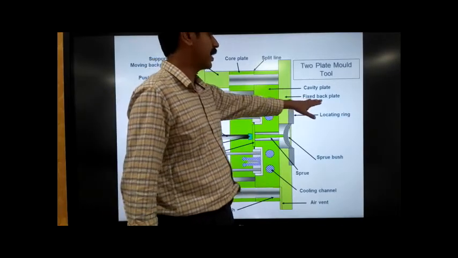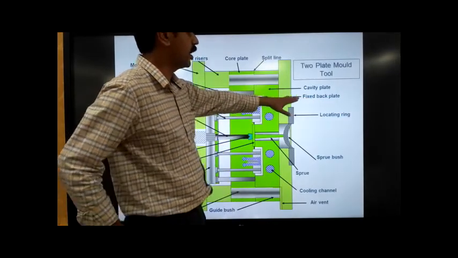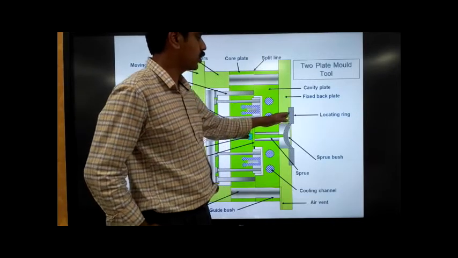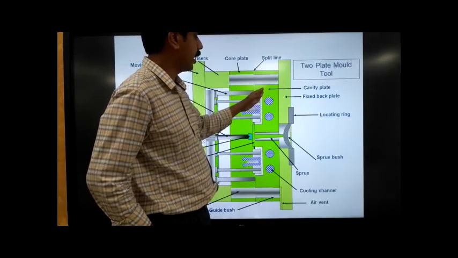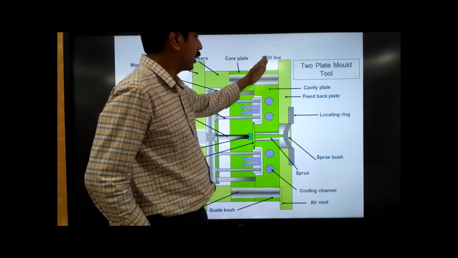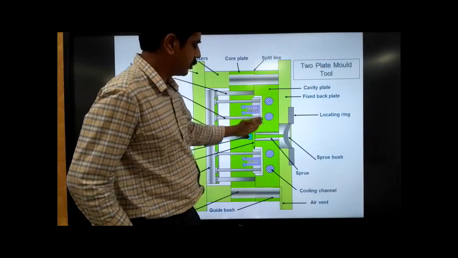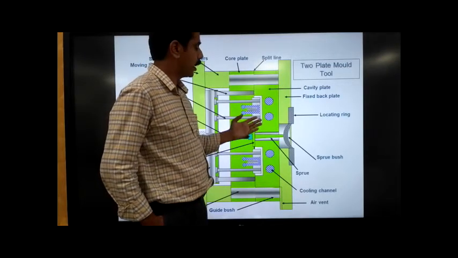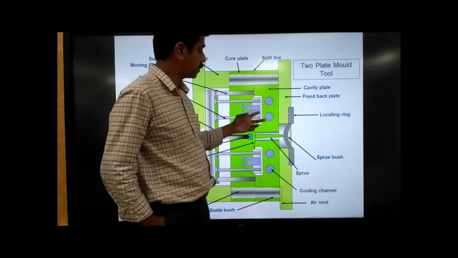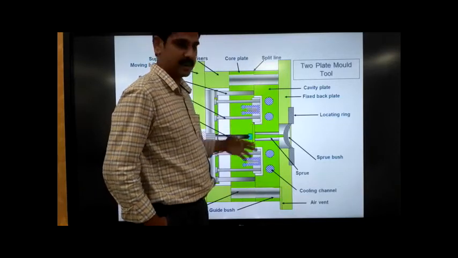Here in this case, we can see a fixed back plate just near the locating ring. Just near that, we have the cavity plate. If you look at this, this is going to be a multiple impression mold, or simply we can say we have at least two parts here.